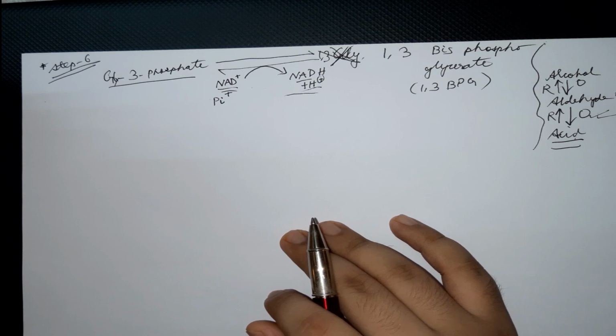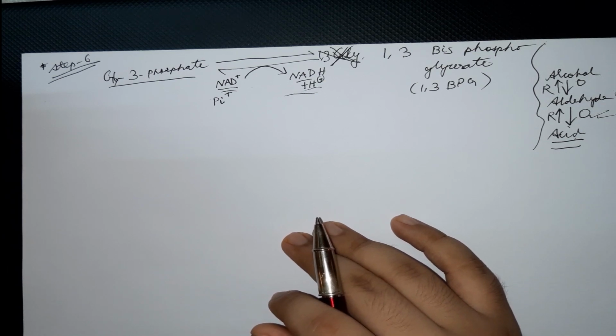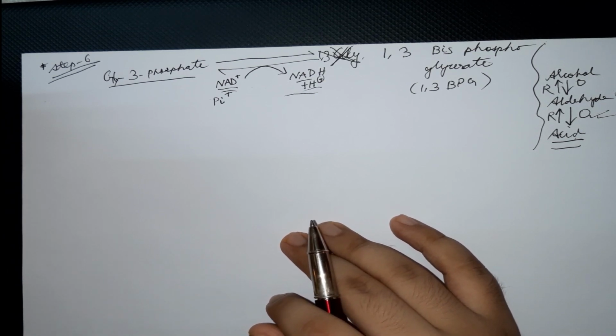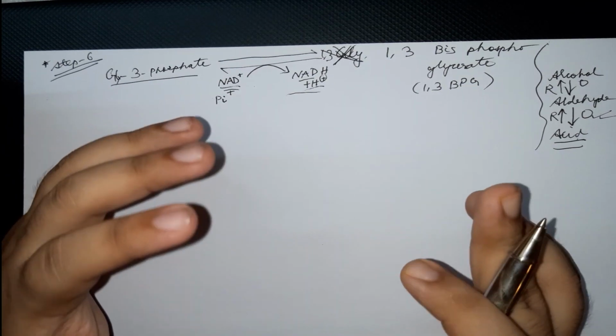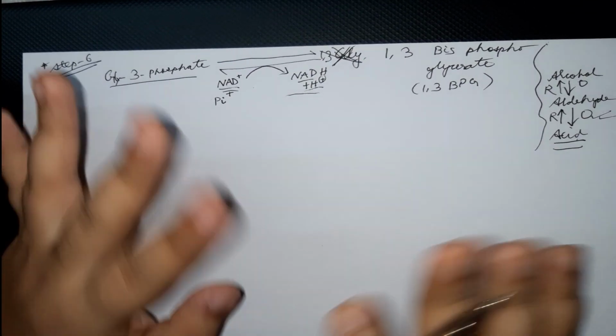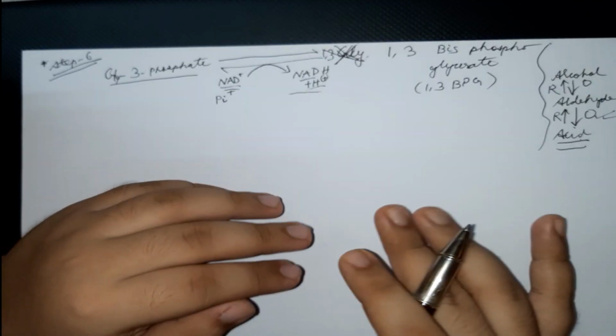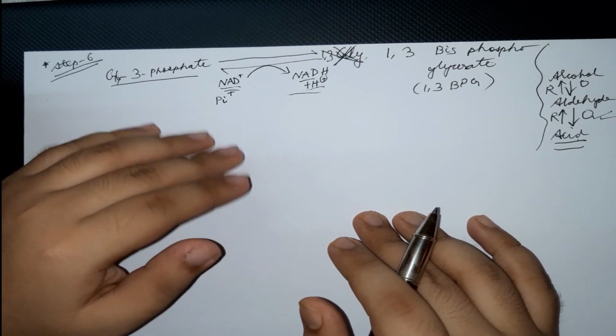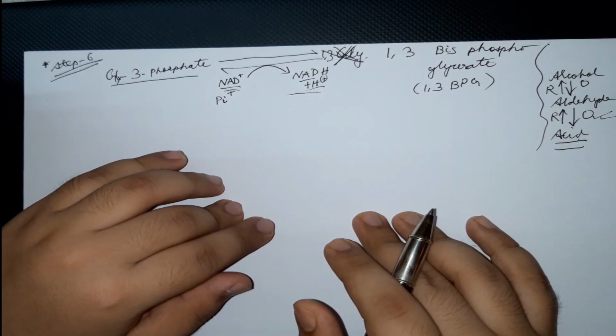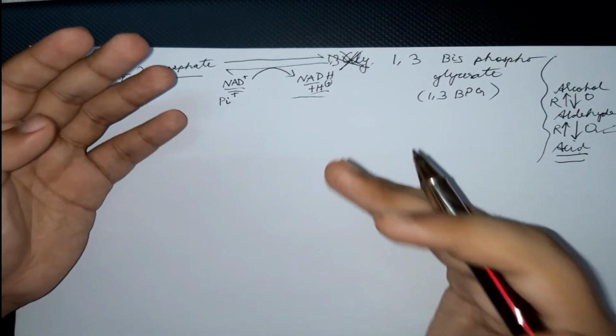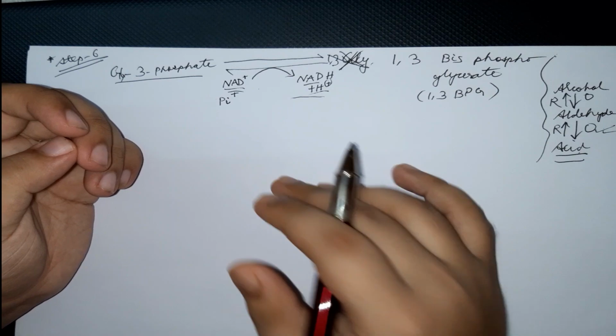So they will be the payoff phase. Payoff, like you worked so hard, you prepared so much, now is the time that it will pay off. Your hard work will pay off. And his hard work is paid off because ATP will be formed, right? So see, there is logic in the name.